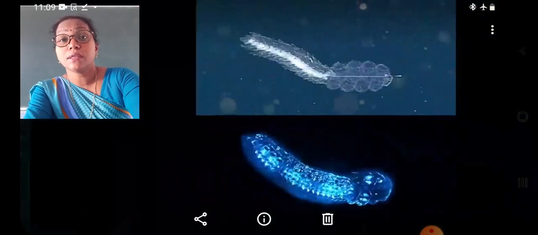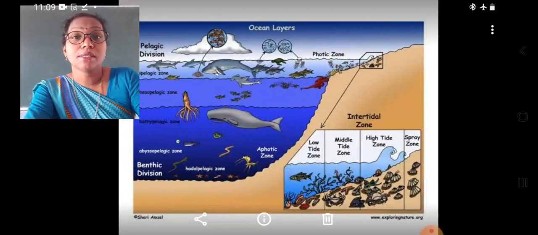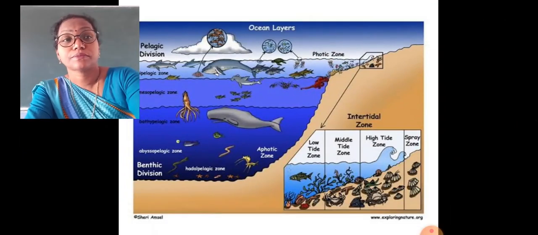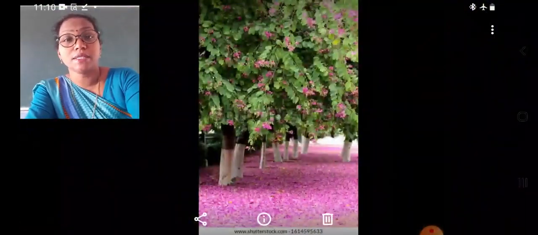So students, these are the adaptations of plants and animals found in regions where there is a very high amount of light and where low intensity light is present.